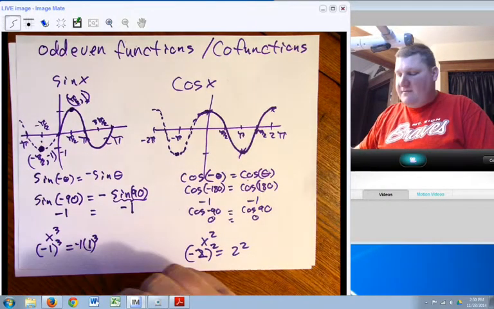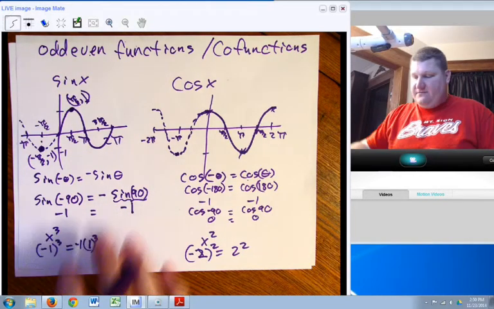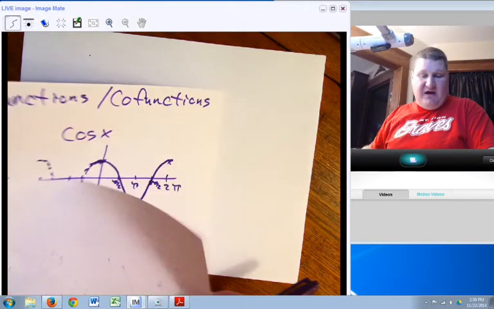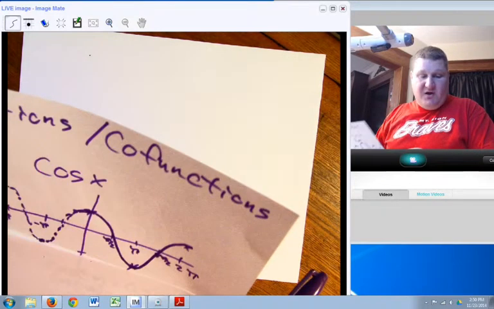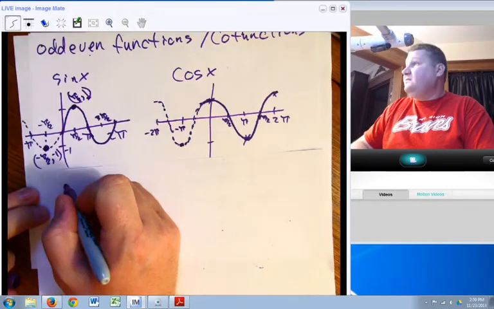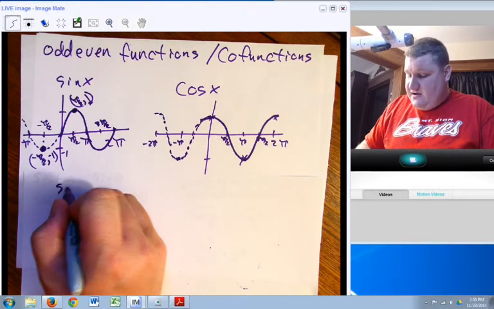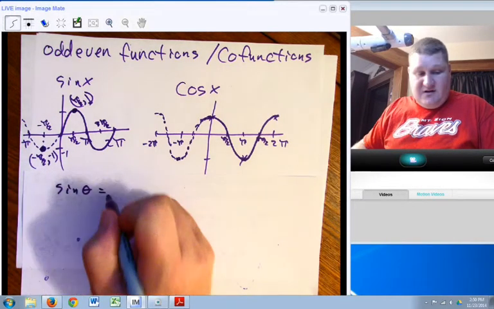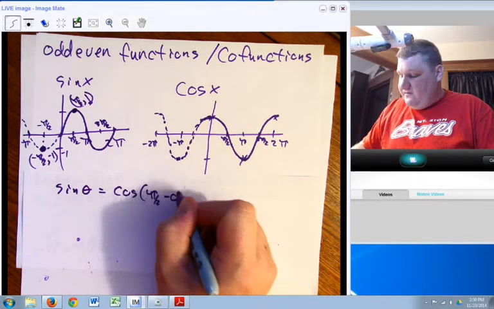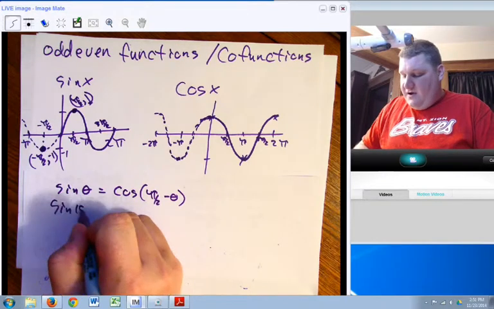Now let's talk about cofunctions. If I have a cofunction, in this case, let's do a cofunction property with sine. So I say sine of theta equals cosine of pi over 2 minus theta. So here we go. Let's say sine of 180.